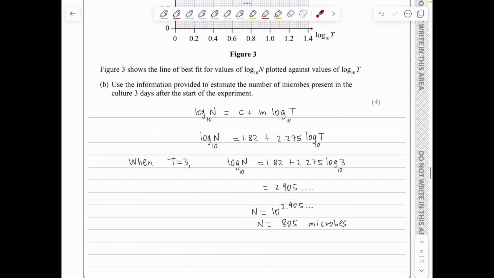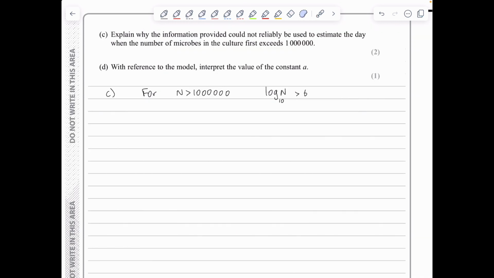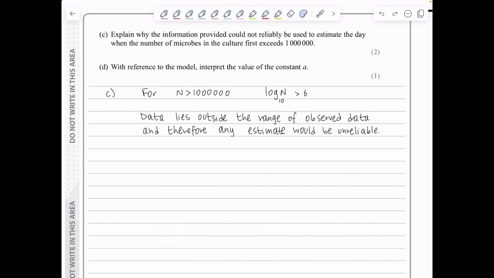So if we go back to our scatter plot for a moment, we see that for log n on the vertical axis, the greatest value we have seen is about 4.5, and we have not seen values in the region of 6, so we don't have data there. This means that 1,000,000 lies outside the range of observed data, and therefore any estimate would be unreliable. It's called extrapolation and should always be viewed with caution.